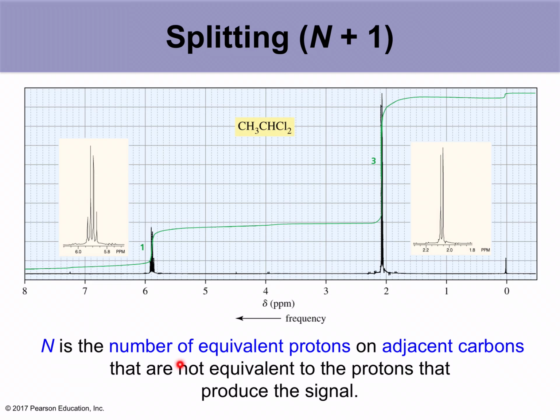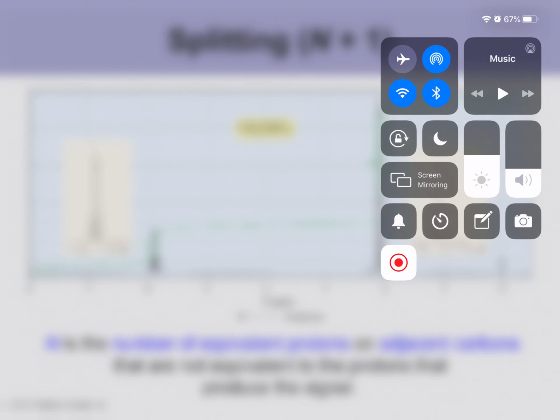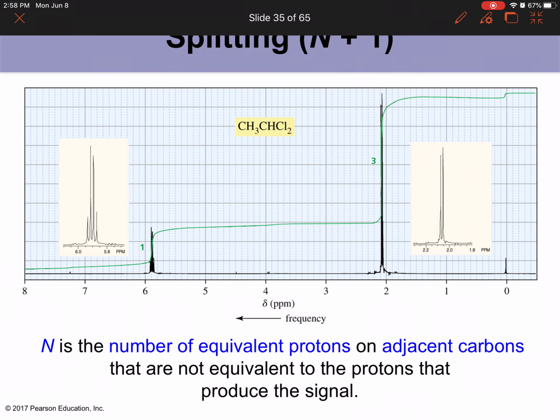N is the number of equivalent protons on adjacent carbons that are not equivalent to the protons that produce the signal. So let's see. If you expand this molecule, CH3, and then you have CHCl2, 1 hydrogen would be in one area, and the other 3 hydrogens would be in another area.